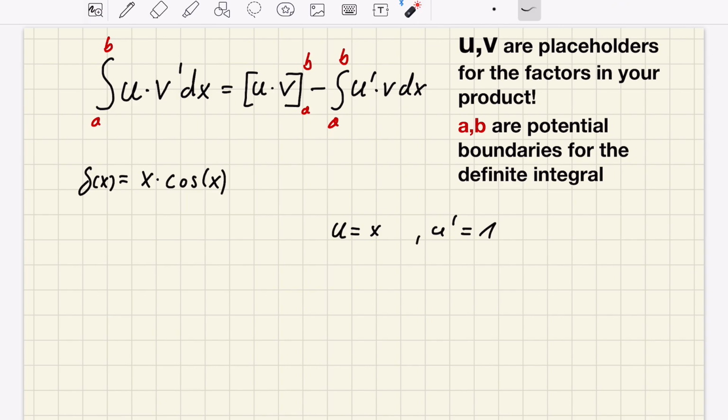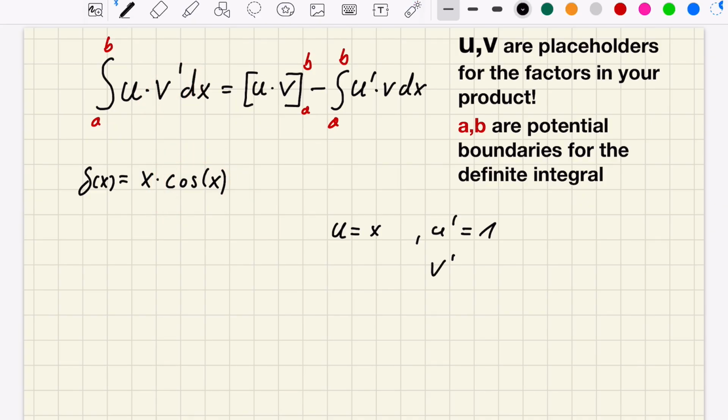And now if you take a look, this is your integral. This has to be the function you put in. You said U is your x. You got the U. So now you're looking for V dash, the second factor.